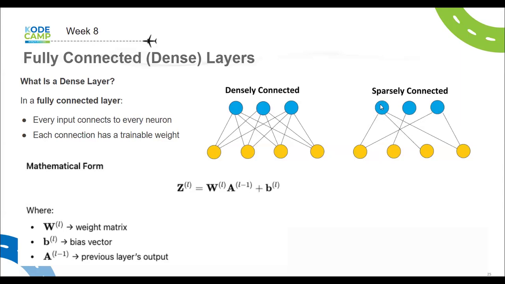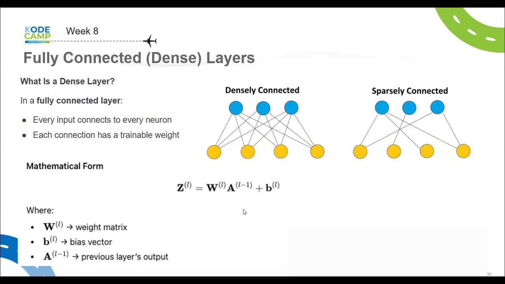For example, for this neuron, the weight from this input here is some positive or negative, non-zero value. Here is also some non-zero value, but the weight between this and it is zero. That's what is called sparsely connected, and that's what makes it sparse: you have zeros in the weight matrix. That's another way of looking at it.